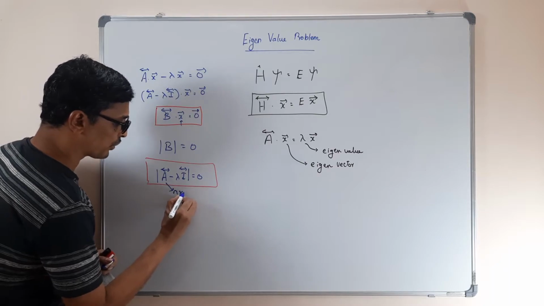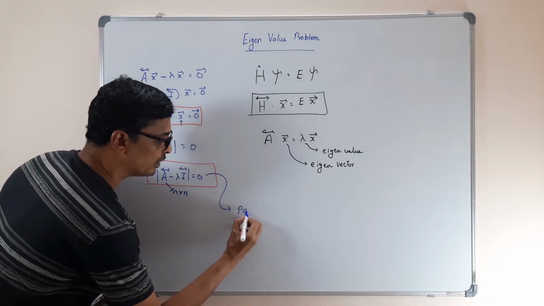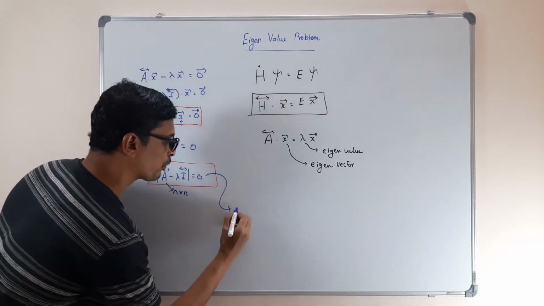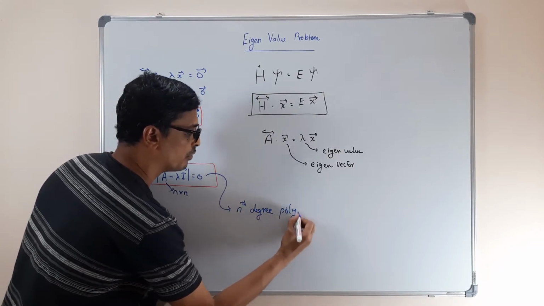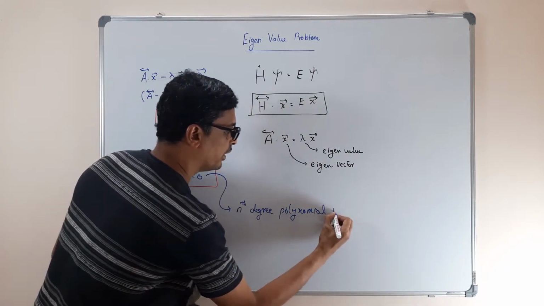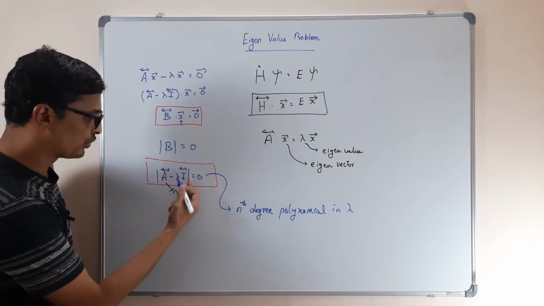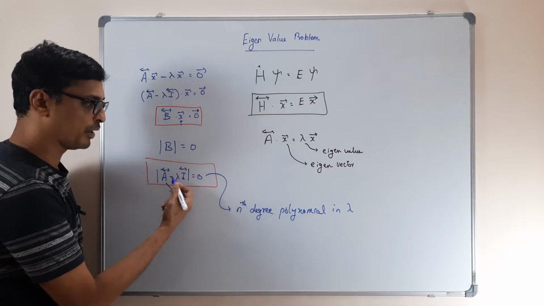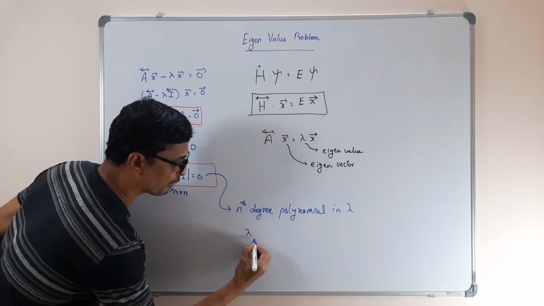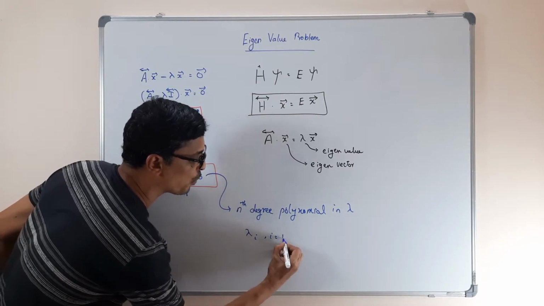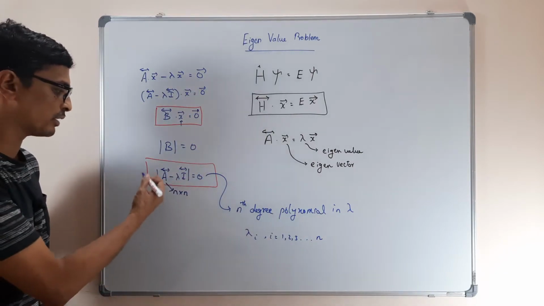Then this equation is going to give you an nth degree polynomial in lambda. Therefore, there can be n roots for lambda. So n roots means lambda can be lambda i, where i is equal to 1, 2, 3 up to n, for an n cross n matrix A.